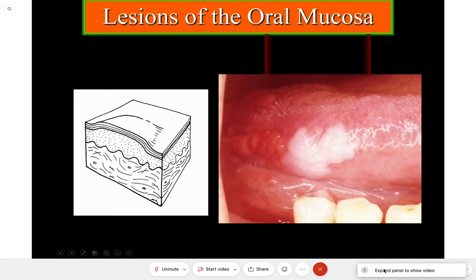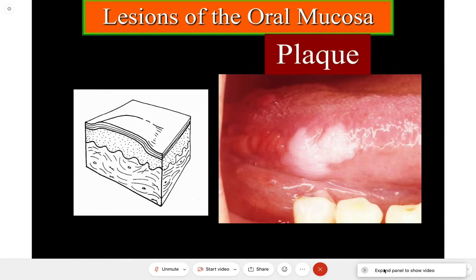This is called plaque. Plaque is very similar to papule, but the size is larger. So if the lesion is larger than 1 centimeter, we will consider that as plaque. And the plaque, even though it is a raised lesion, is normally quite flat.